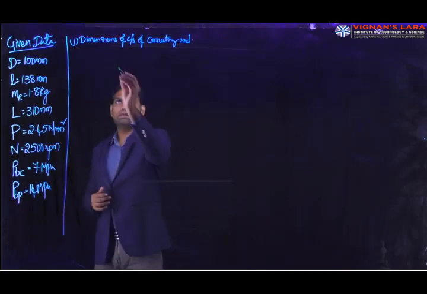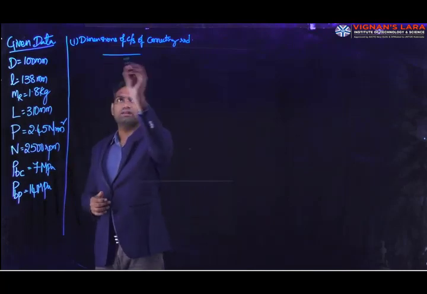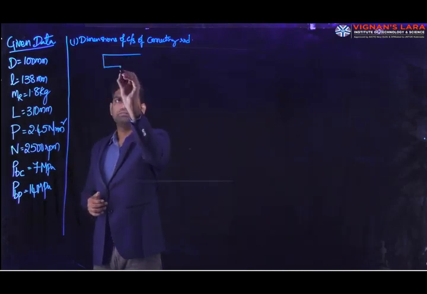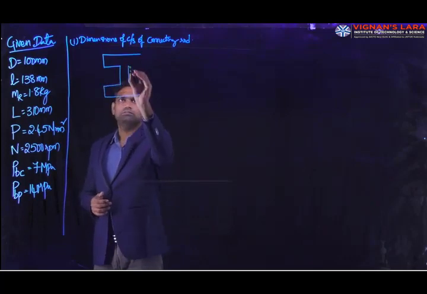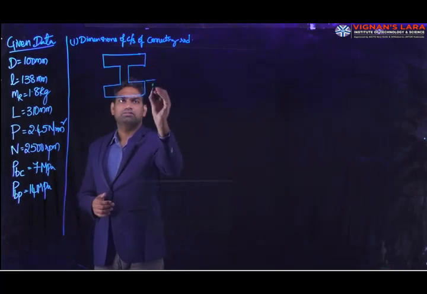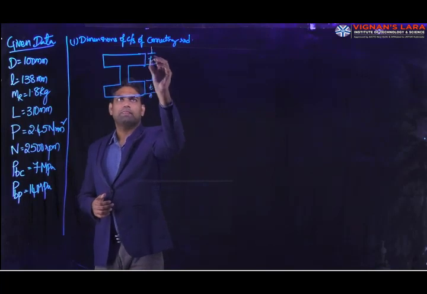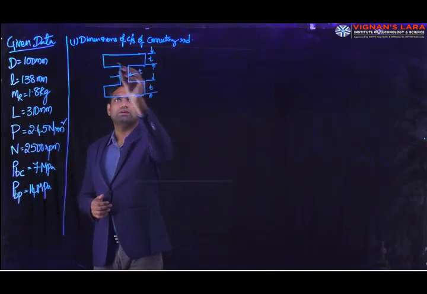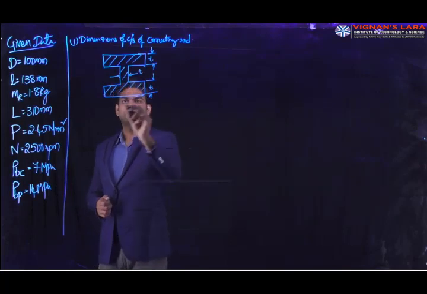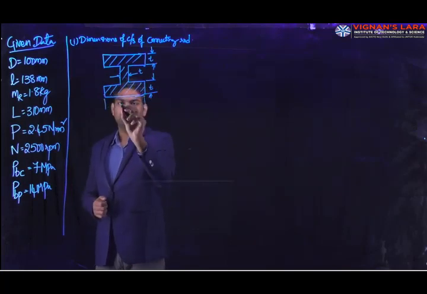I am taking an I section for the connecting rod, with the thickness of the flanges, top flange as well as bottom flange, as T, and the thickness of the web also T. So this is the section I consider for the connecting rod, and we need to specify the appropriate proportions for that.